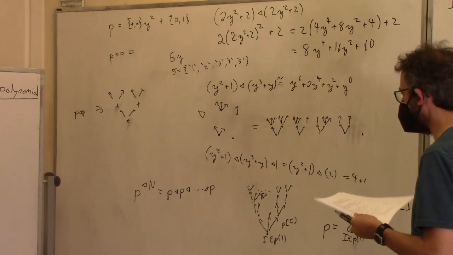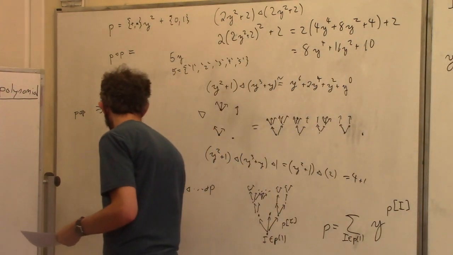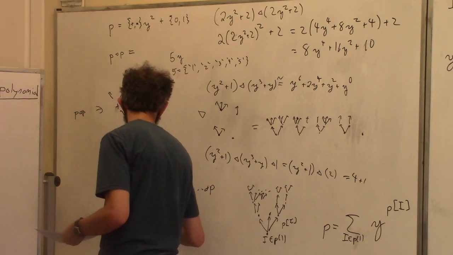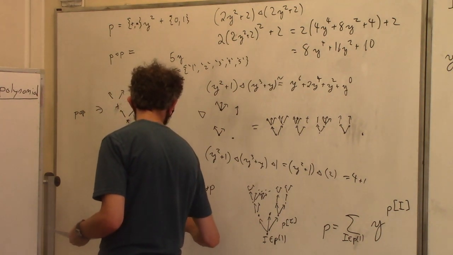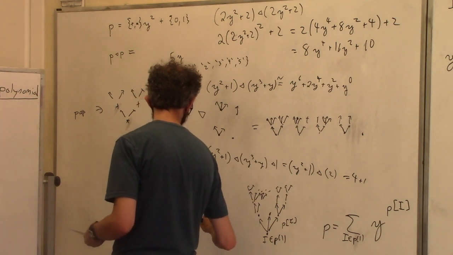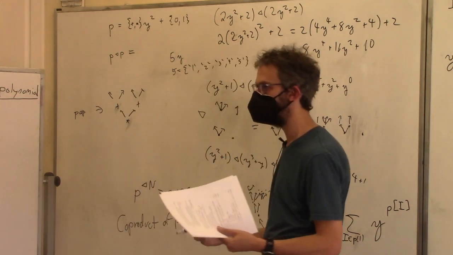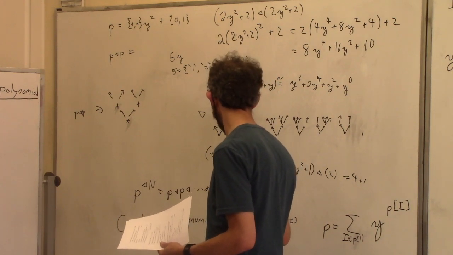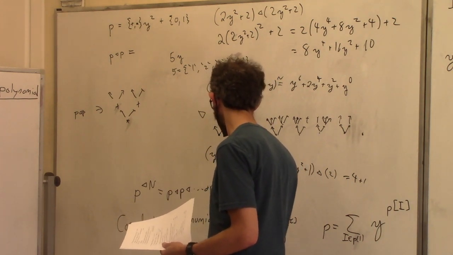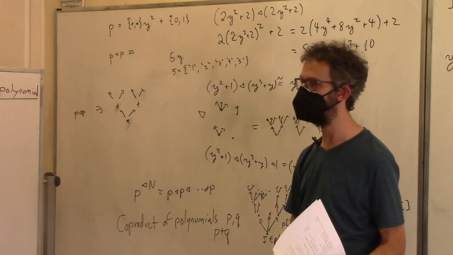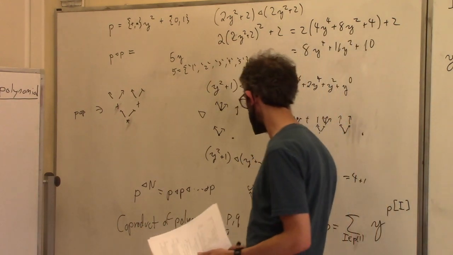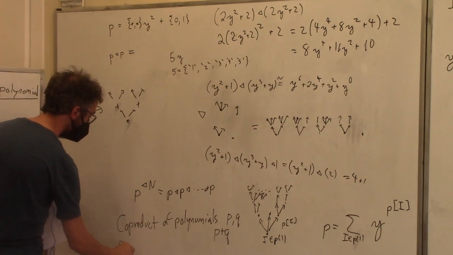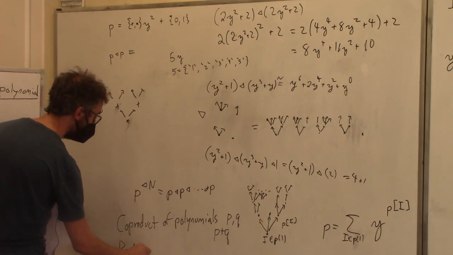One last thing about polynomials: the coproduct of polynomials. Polynomials are functors, functors from set to set, and you can ask for the coproduct of two functors. If you have polynomials p and q, the coproduct is just p plus q. So the notation works very well. Plus is really the coproduct in the category of functors. And the product of polynomials is the categorical product.